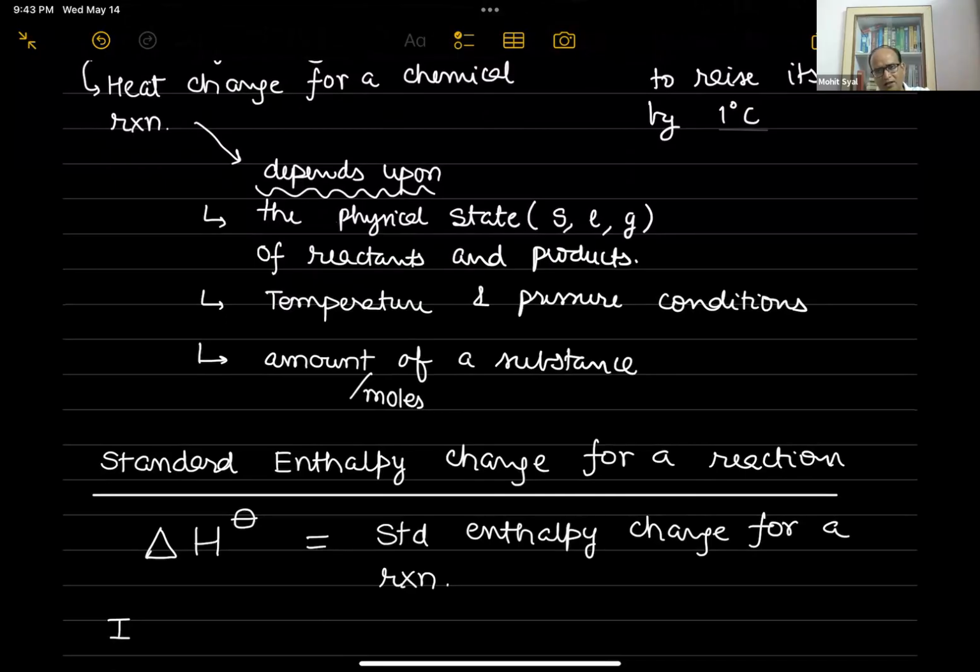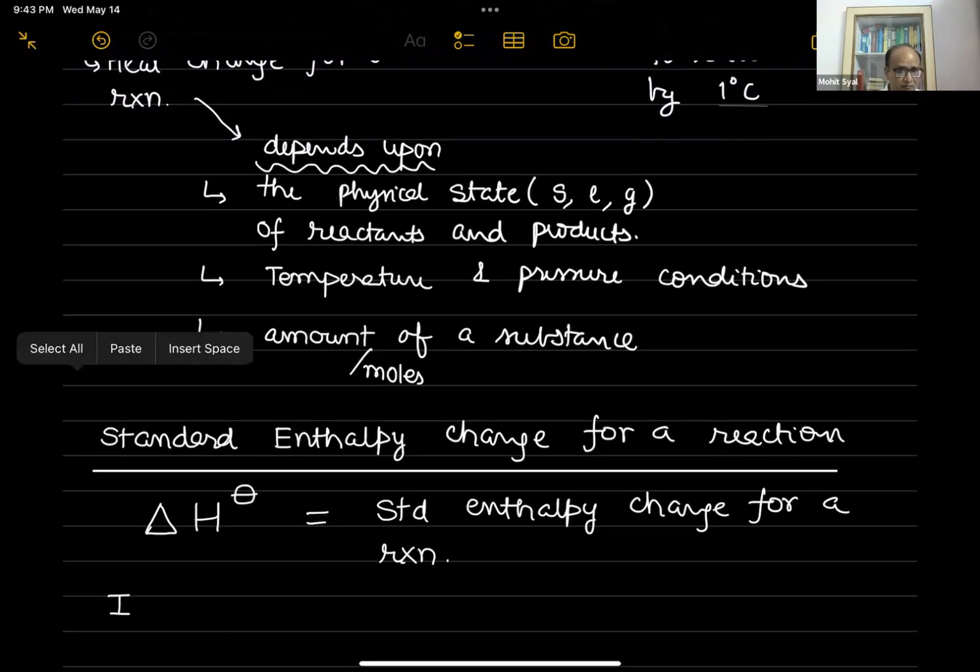I'm doing it at 100, Ma is doing it at 25 degrees Celsius, Nabila at 50 degrees Celsius, and Aisha at 100 degrees Celsius. So the delta H value will be different. So how to compare the values? It could be a problem for the same reaction.